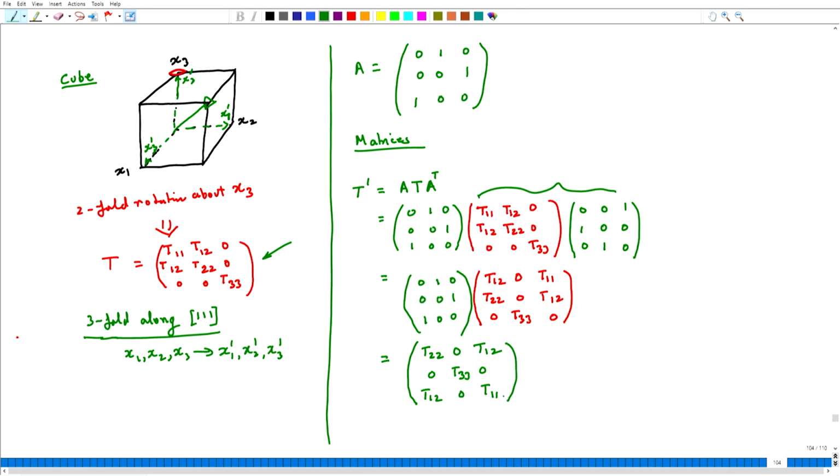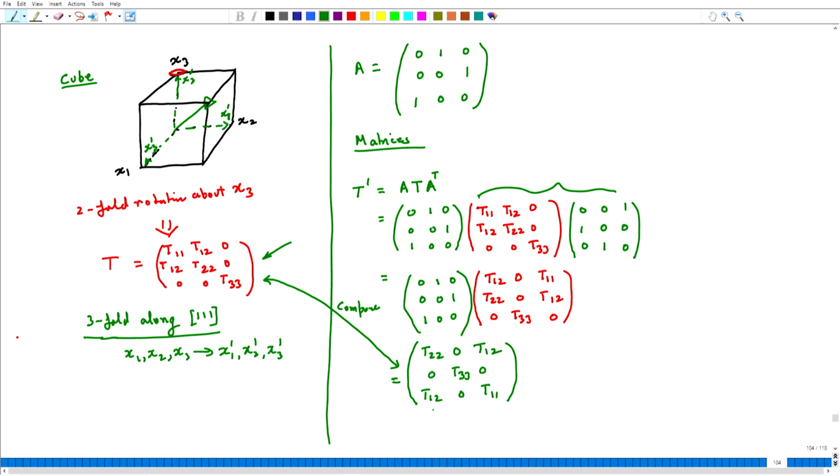So, let us look at this particular tensor and let us compare these two tensors. What does this tell us?